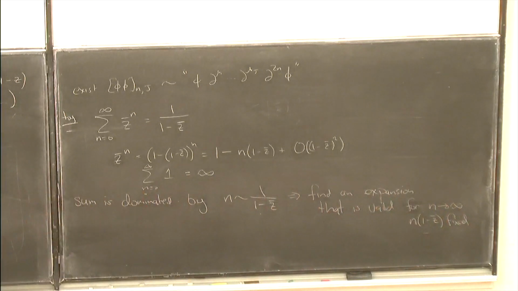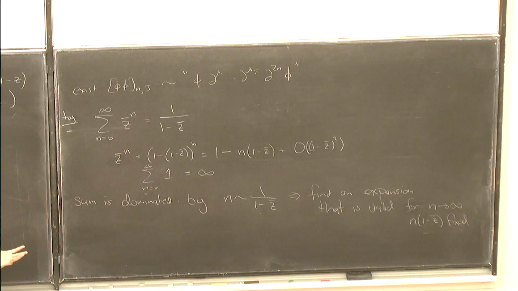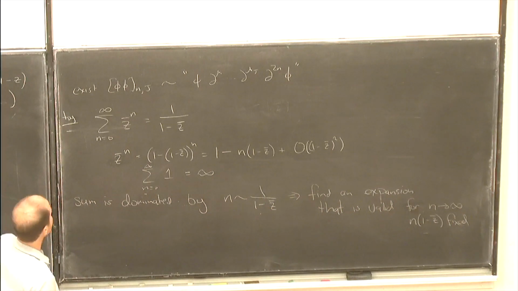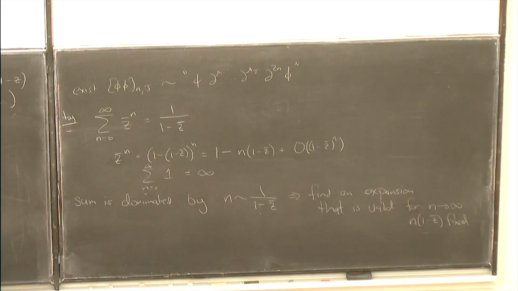That expansion will capture the behavior of the terms on the left-hand side in the regime where the sum is dominated, and will let us actually compute what's going on. Okay, so let's find that expansion.